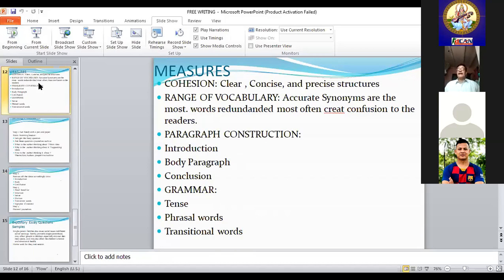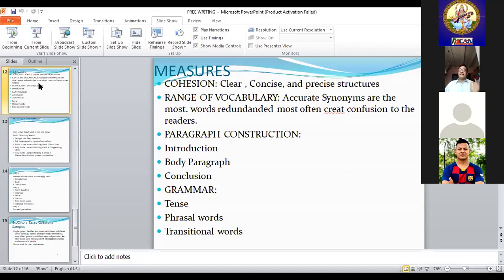So, internationally, how is the essay section corrected, ladies and gentlemen? They will check your cohesion. Cohesion or cohesive structure is what we call it: the way of writing English sentences clearly, so that people can understand, avoiding jargon or heavy bombastic words. I don't tell you to use very heavy jargon or bombastic words.